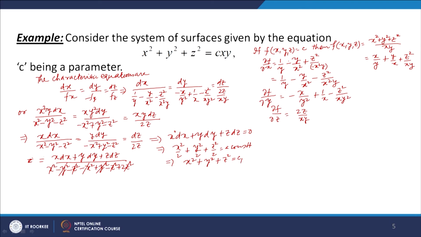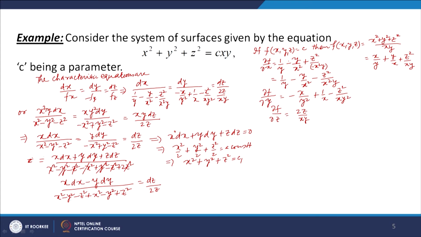Okay, now let us find another solution of this, and for that what we will do, x dx minus y dy, what do we get? x dx minus y dy will give you x square minus y square minus z square, and we are subtracting this one, so we get plus x square minus y square plus z square, equal to dz upon 2z.